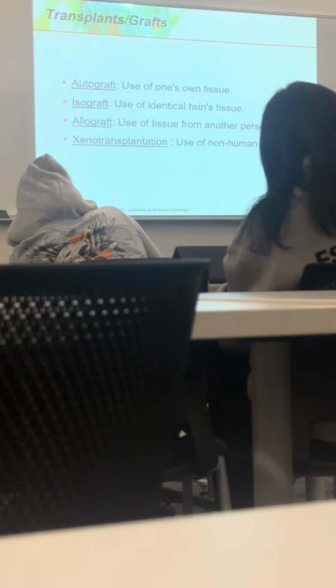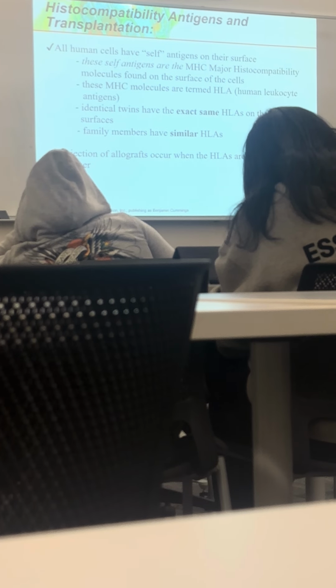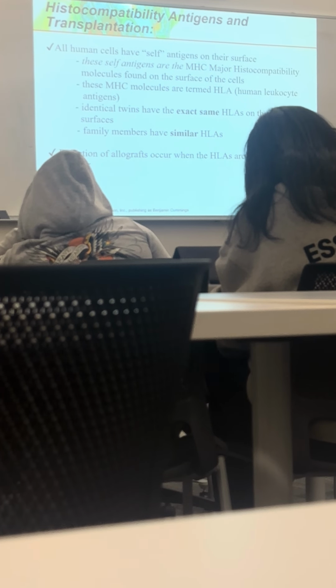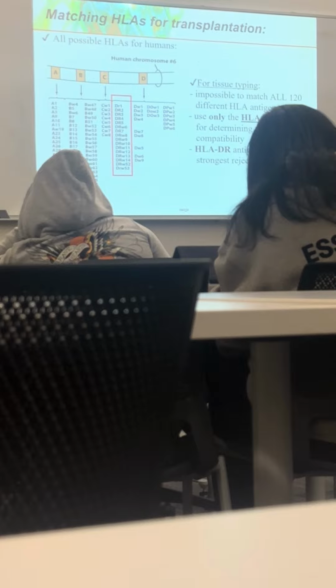So that's one of the cool ways that we can do it, so that way it doesn't get rejected. Okay? What we're looking for is there's multiple different sites. They call them HLAs. HLAs are the same thing as MHC. We talked about MHC2 and MHC1. So HLA is just another way to say MHC. The HLAs need to match up.